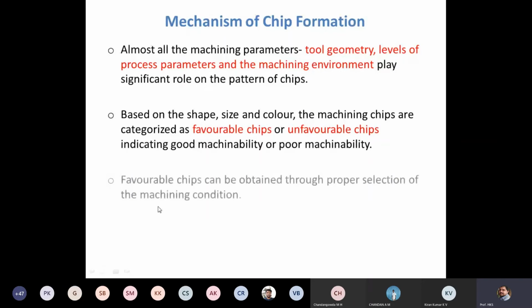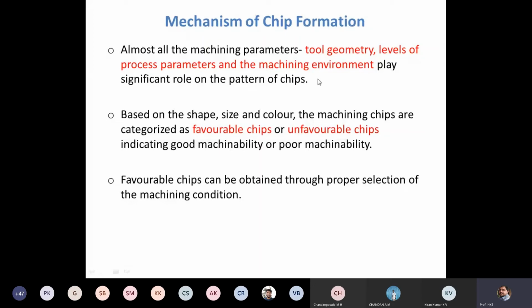Favorable chips can be obtained through proper selection of machining conditions. Machining conditions include proper selection of tool geometry, proper selection of process parameters, that is cutting speed, depth of cut and feed, and proper selection of cutting fluid, that is the quantity of cutting fluid that you are going to apply.